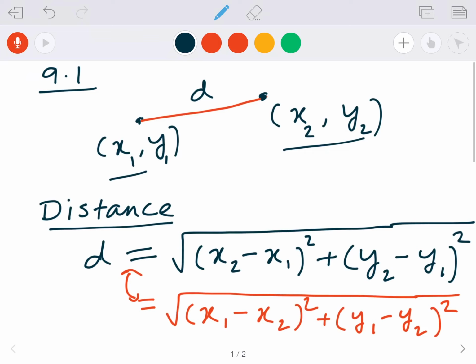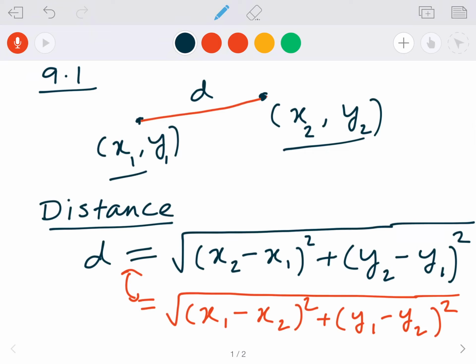And there is also another thing called the midpoint.